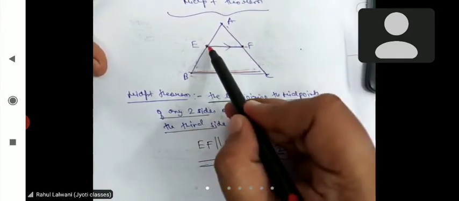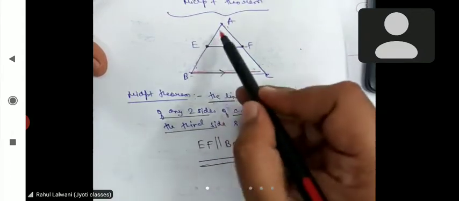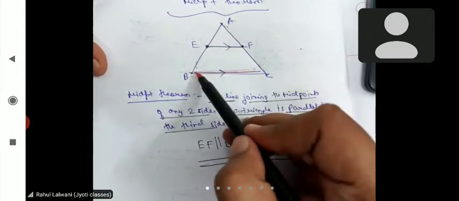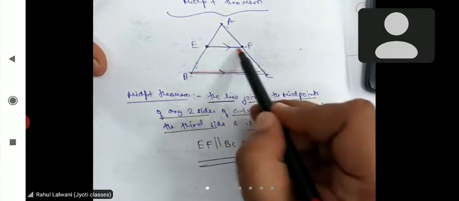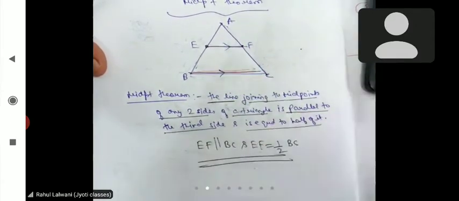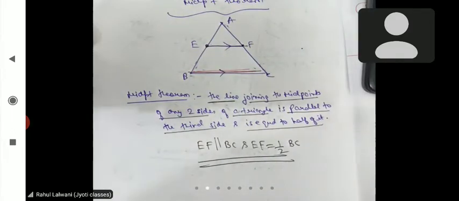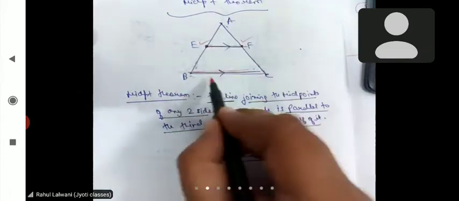If E is the midpoint of AB and F is the midpoint of AC, then EF will be parallel to BC and EF will be equal to half of BC. This is the midpoint theorem: if these are midpoints, then this line will be parallel to the third side and half of it.